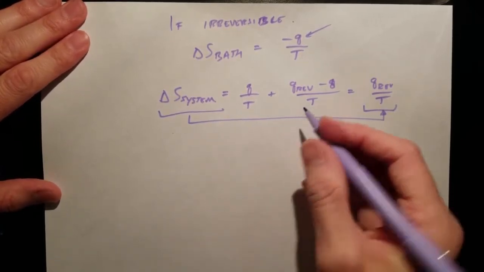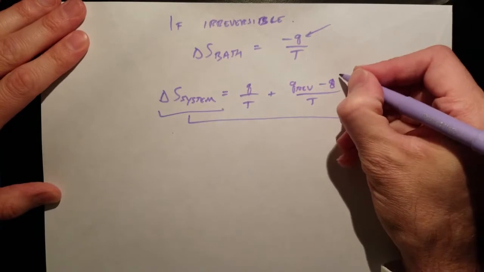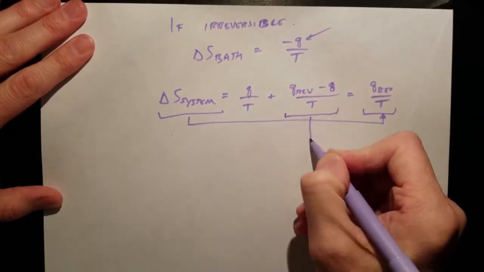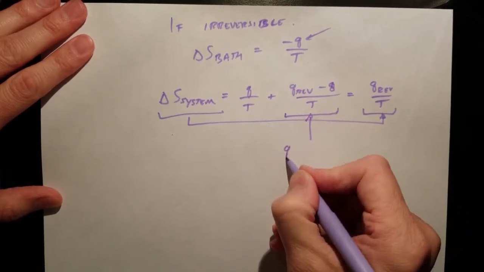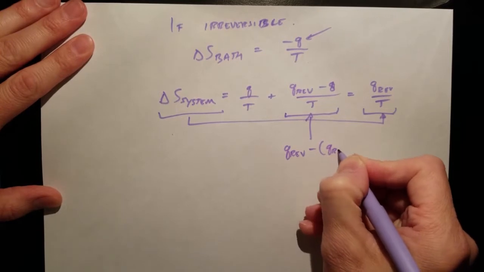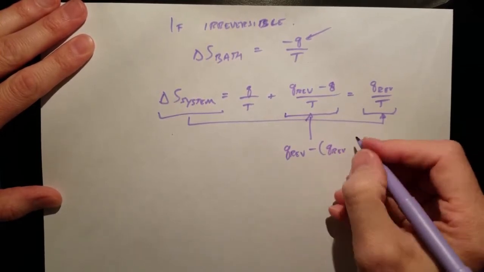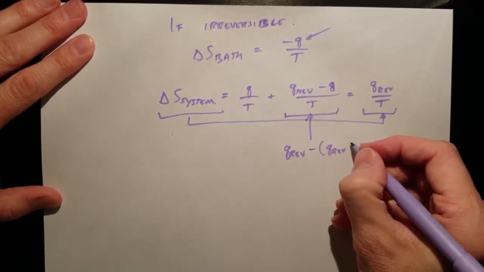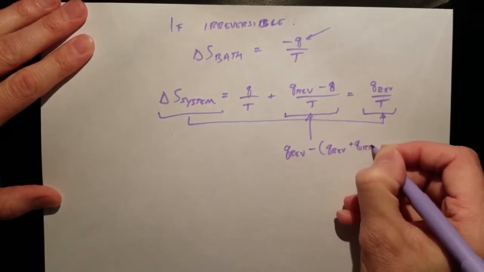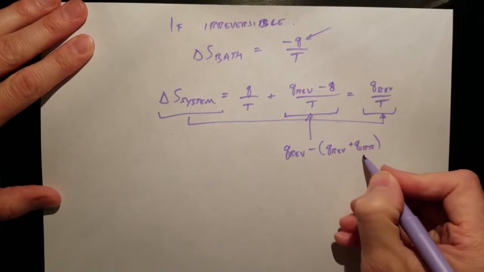You can also think of this term as Q rev minus Q rev plus Q irreversible, right?